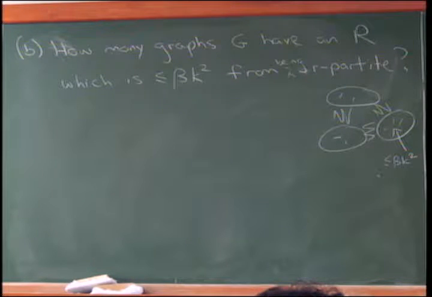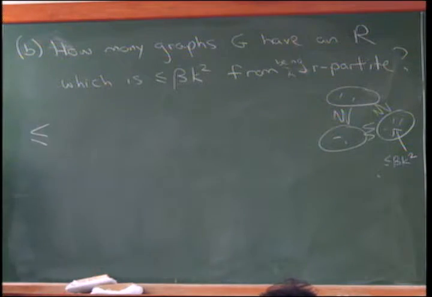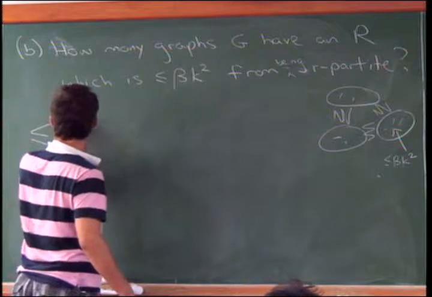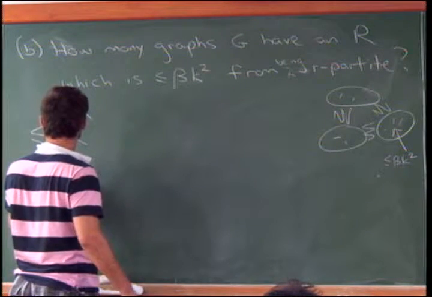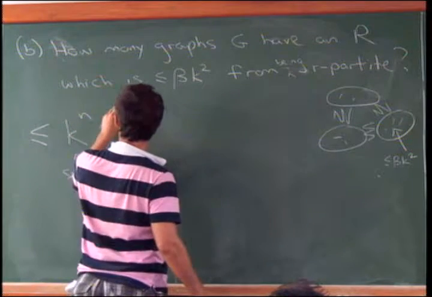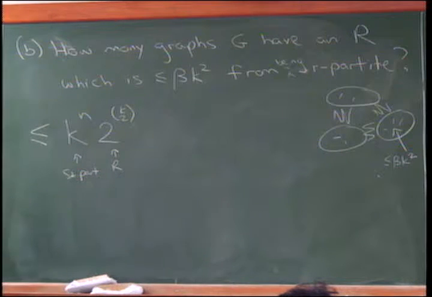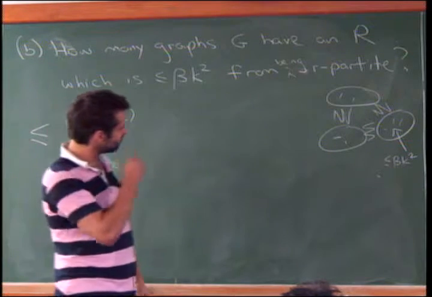Okay, how to count in this case? Well, start the same way. K to the n choices for the partition. 2 to the k choose 2 choices for R. And now what?